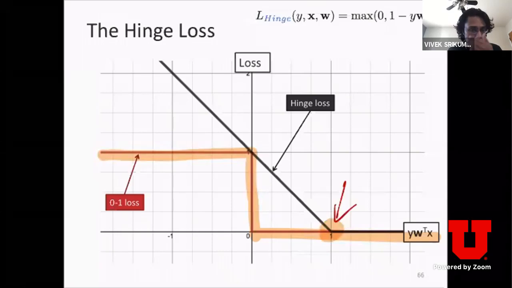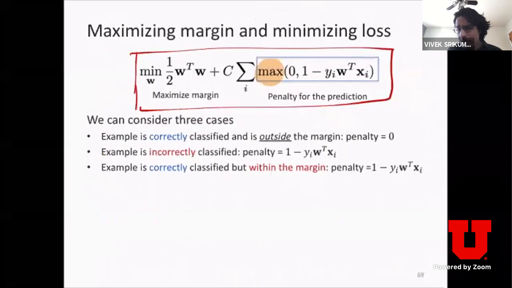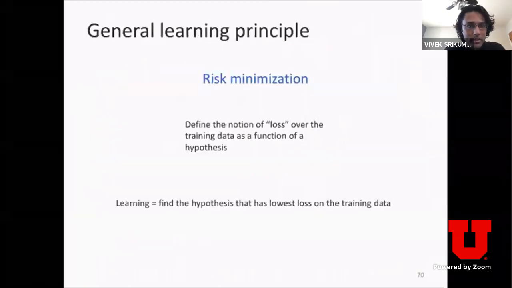And that's the notion that machine learning is essentially applied optimization. So you're perfectly right. Hinge loss is not differentiable at that corner, but it turns out it's not going to matter. So in fact, what we have seen here is a general learning principle.